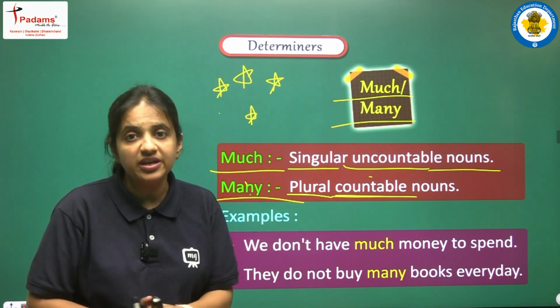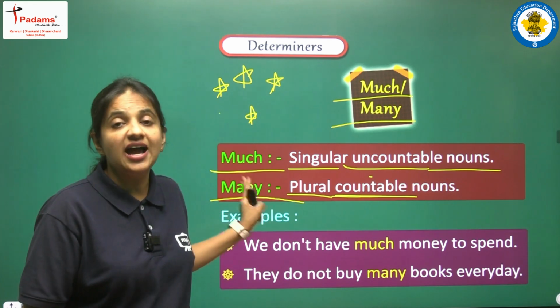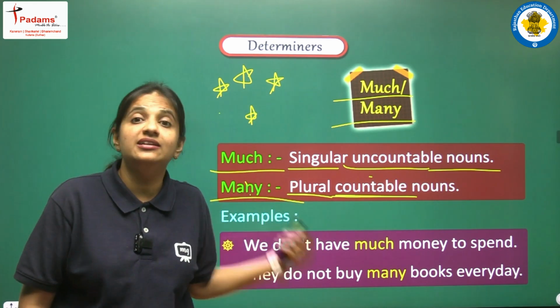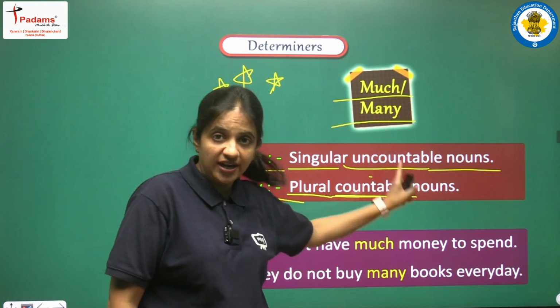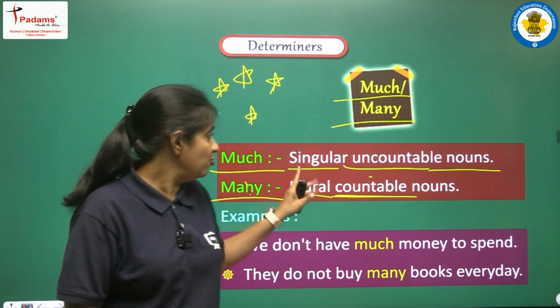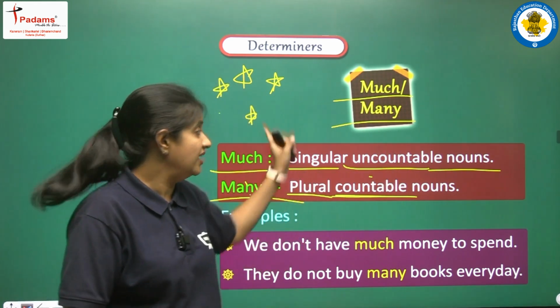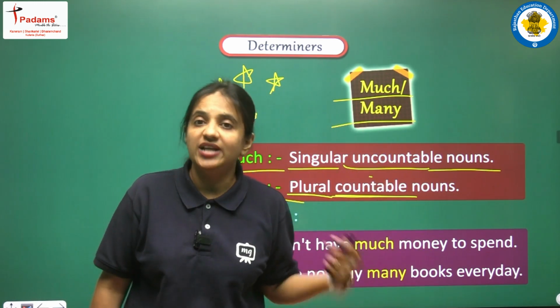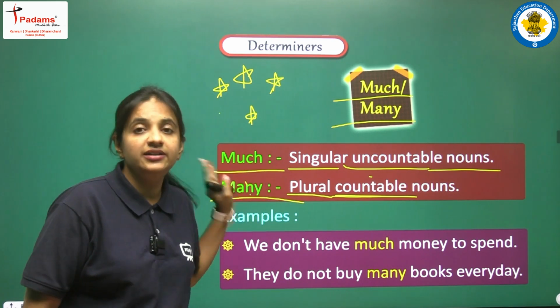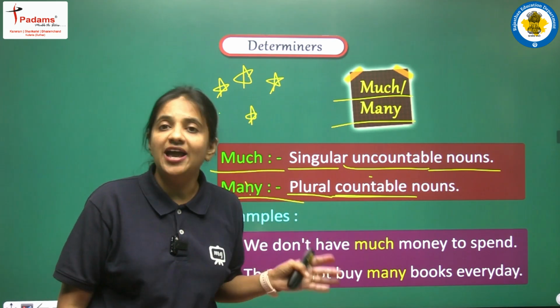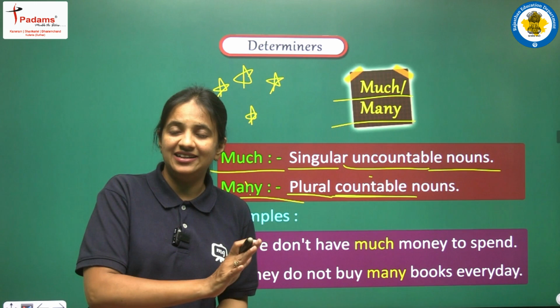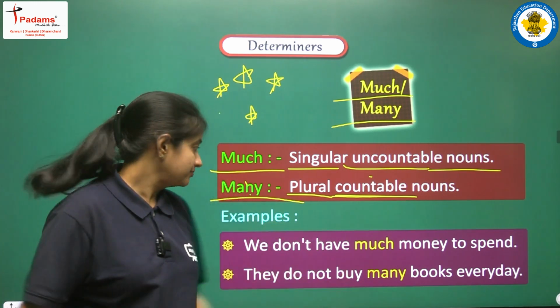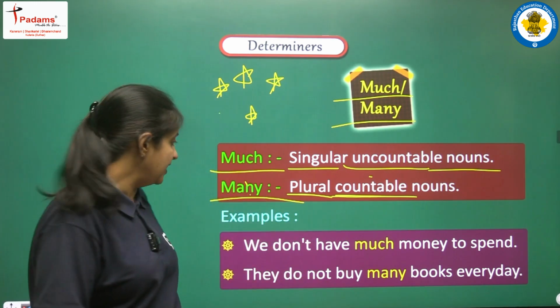Because उसी base पे you can write the correct answer, you can write the appropriate determiner. So आपको noun को पहचानना है, आपको पता करना है कि वो noun singular है या plural है, वो countable है या uncountable है, and then according to that use the proper determiner to fill the blank or vacancy to complete the sentence.